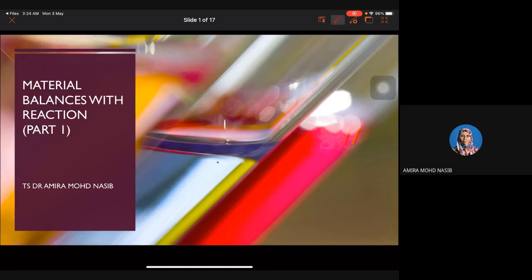Without further ado, can we start? Alright. For this lecture, we are going to learn about material balance that involves reaction. Before this, you learned material balance without any reaction occurring, where we only add something, or we separate different things, where you have one input and two outputs.